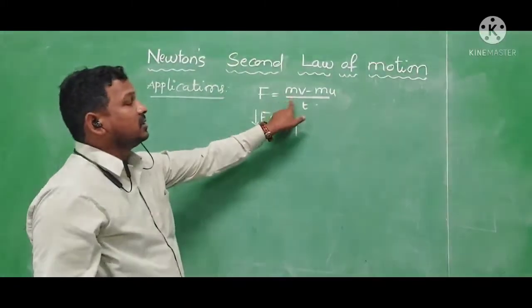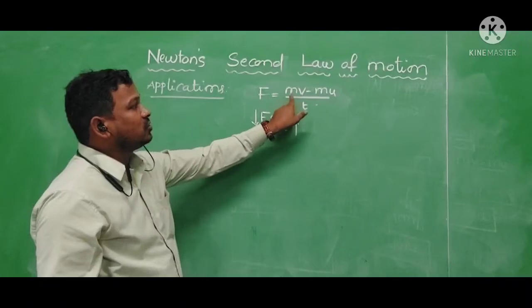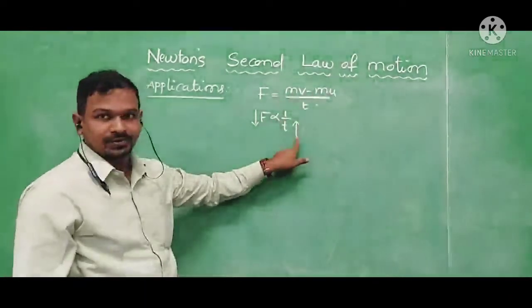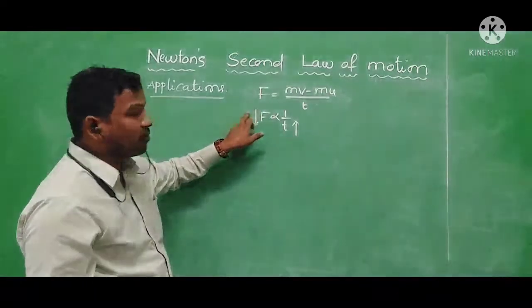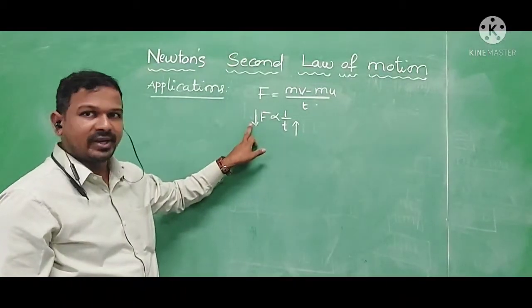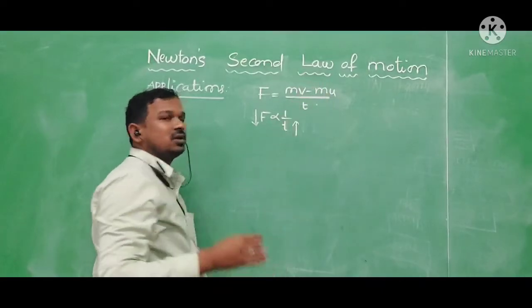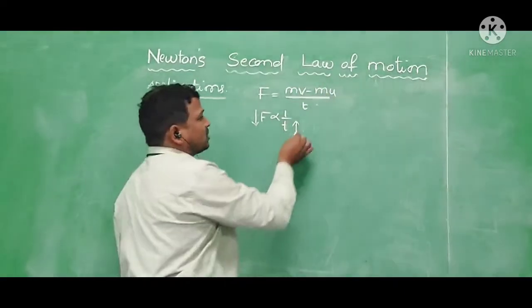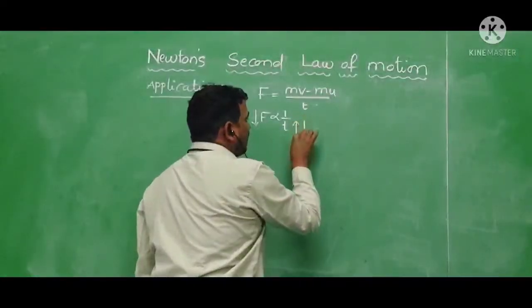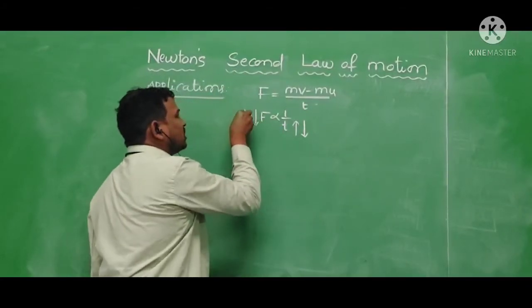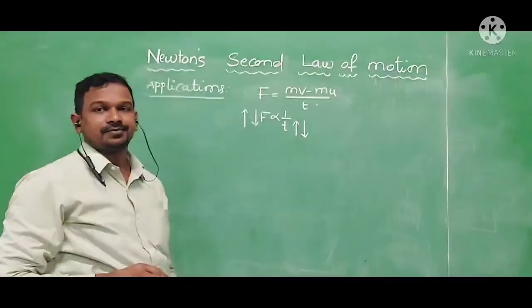Means if the time taken to change the momentum is more, then the force applied on the body will decrease. If the time taken to change the momentum is very short, what will happen? The applied force on the body will increase.